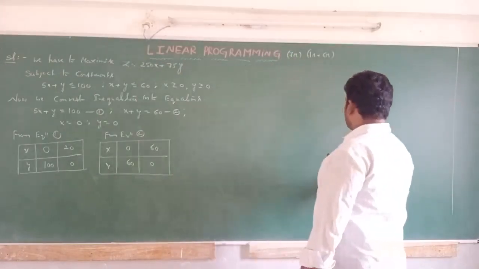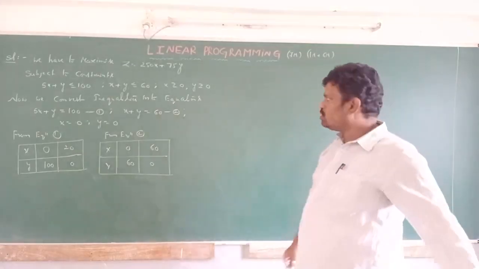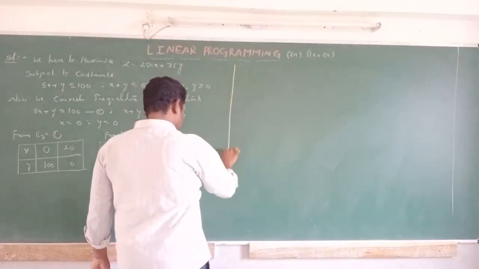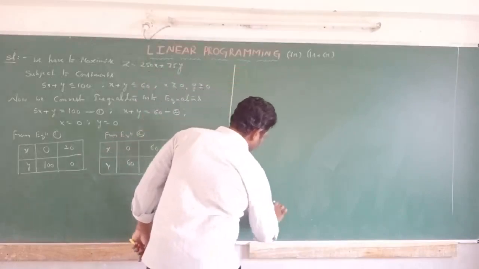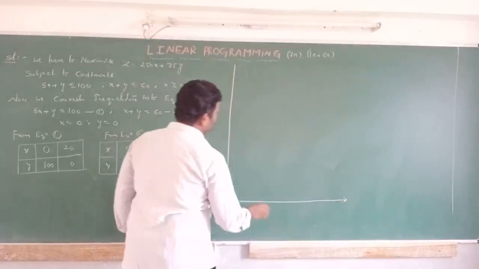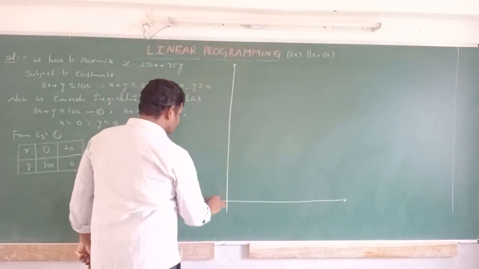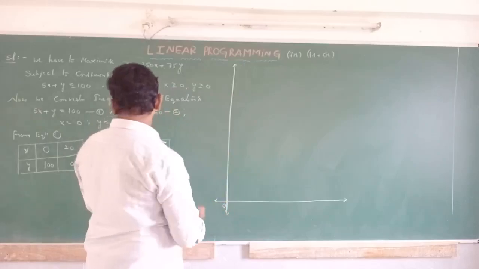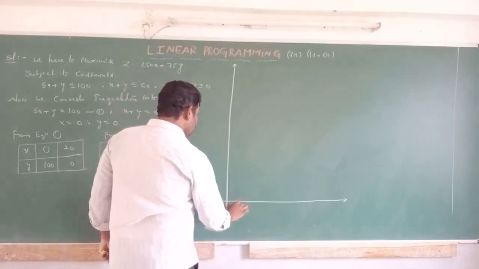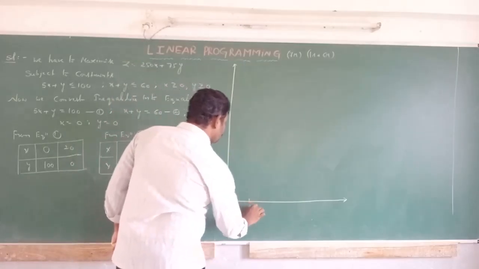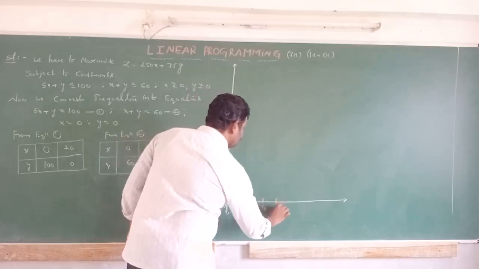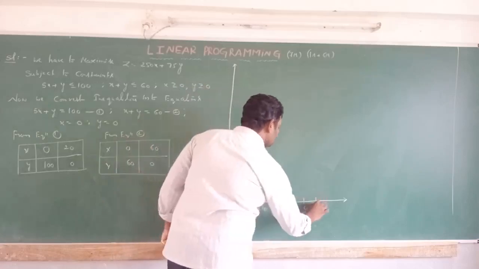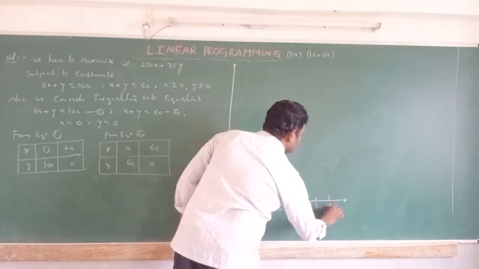Here all are positive values, so first we draw only the positive portion. Now, taking the points, each unit we consider as 10: 20, 30, 40, 50, 60, 70, 80.